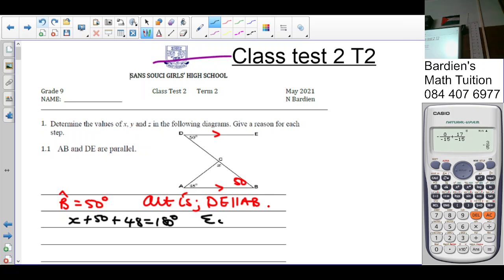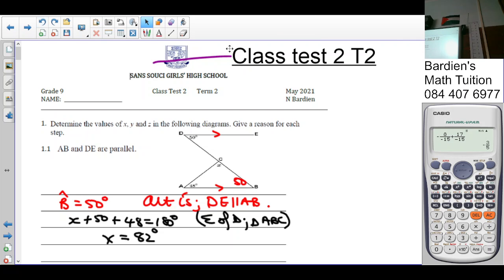Why? Sum of angles in triangle ABC. So 48 plus 50 is going to give you 98, not so? So x is then equal to 180 minus 98, which is 82 degrees. Okay?